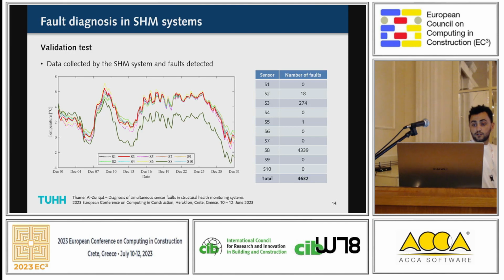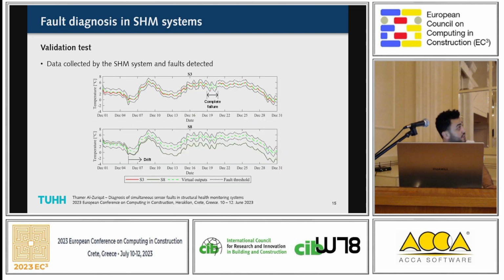In general, the total number of faults we found was more or less 4,600, but not just for this one, over the data collected over that whole year, 2018. And this is, as I said, the simultaneous sensor faults, where both sensors have faults at the same time between December 19 and 22.